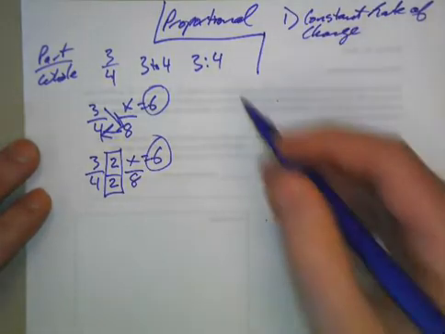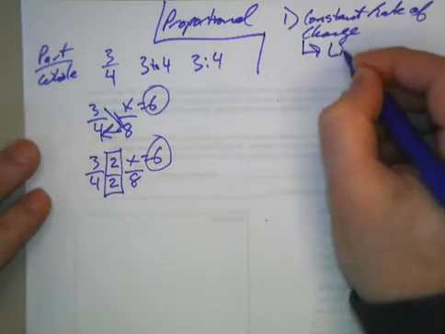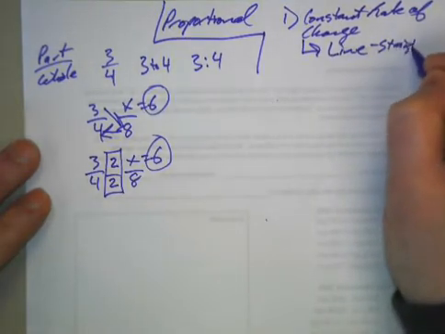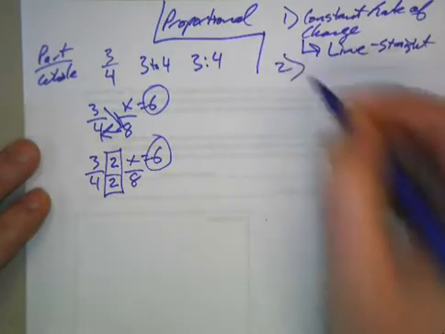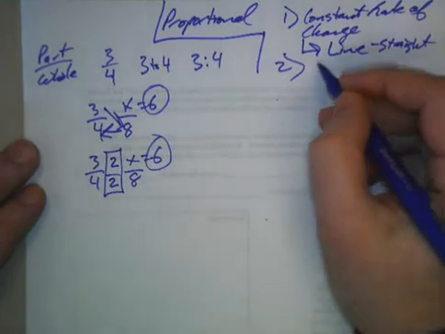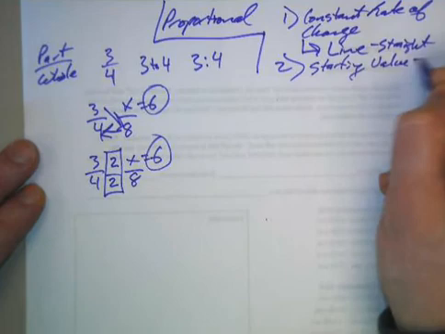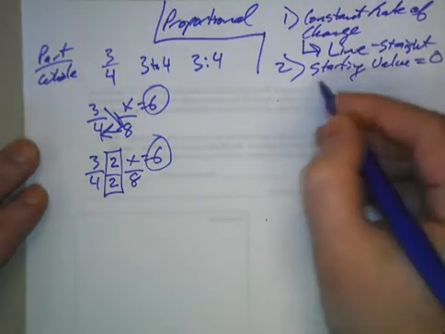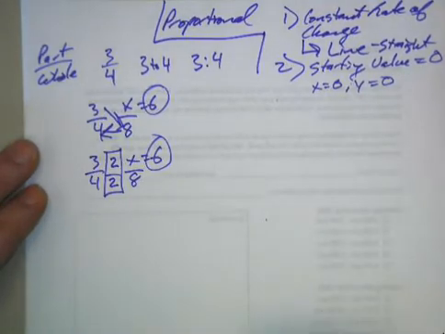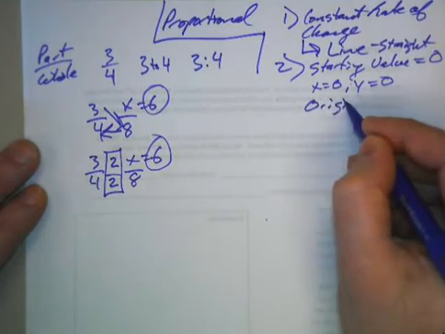And when you graph this out, this constant rate of change means it's going to be a straight line. And the other condition of being proportional is that it has a starting value equal to 0, meaning that when x equals 0, y equals 0. In other words, this line goes through the origin.